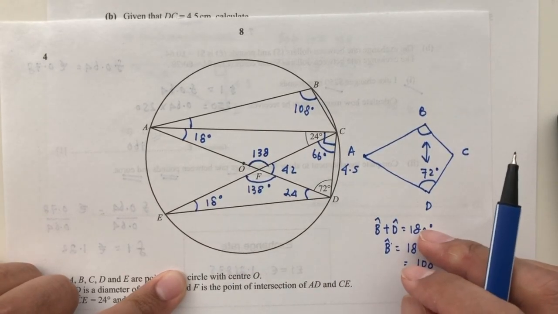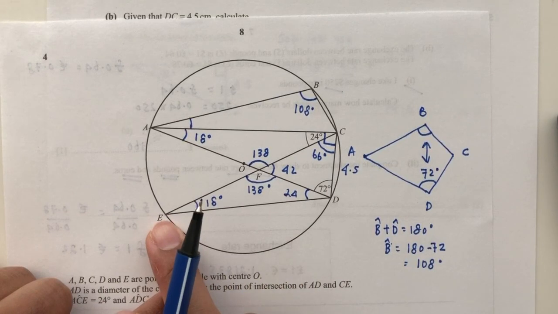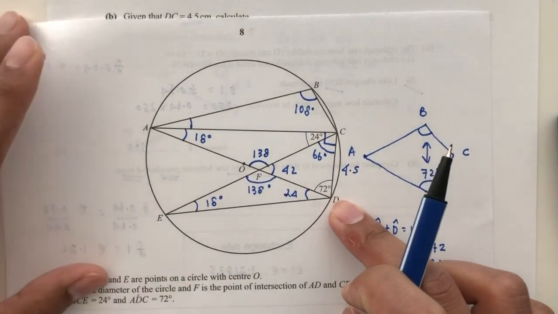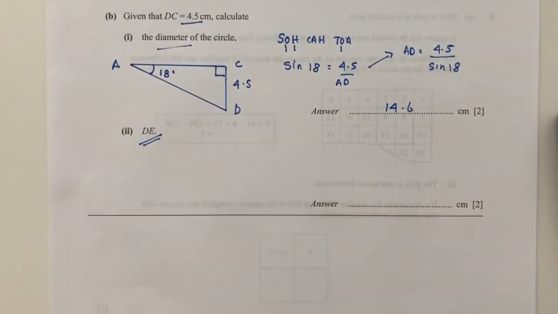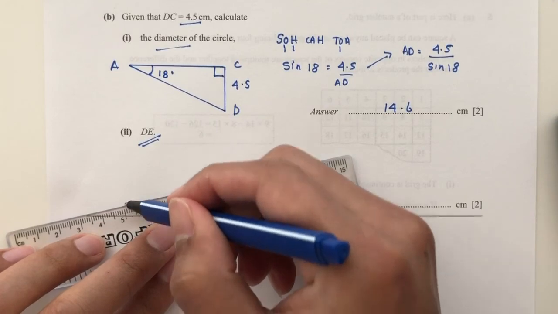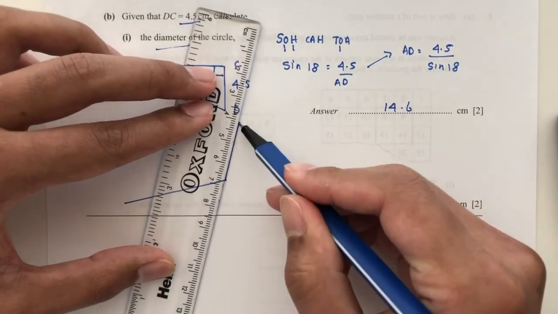So let's see, what do we know in this triangle? You can see we have triangle ECD. We have this triangle here. So let's take this out. We have triangle EDC. So EDC looks like this, more like that.